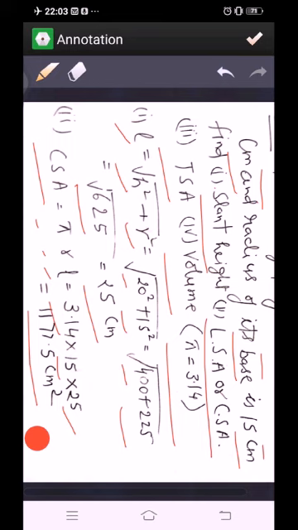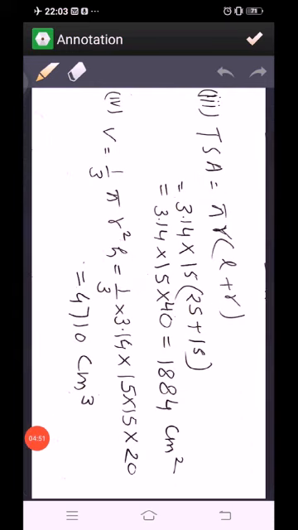Wherever we are finding area, the unit will be square units. Centimeter given, then centimeter square; meter given, then meter square. So for the third part, we have to find total surface area, that is pi r into L plus r.